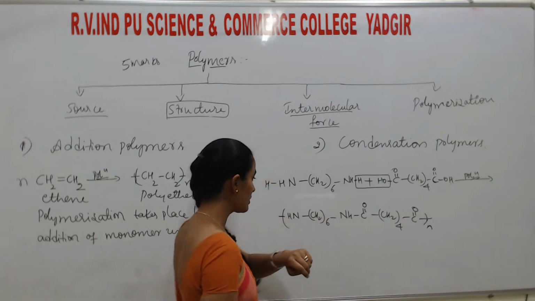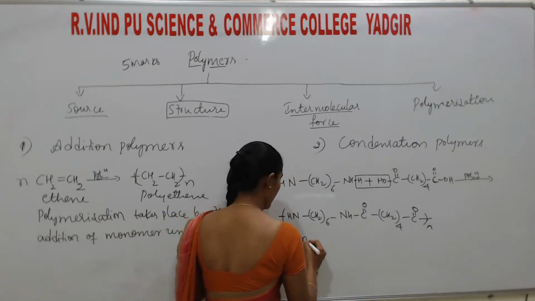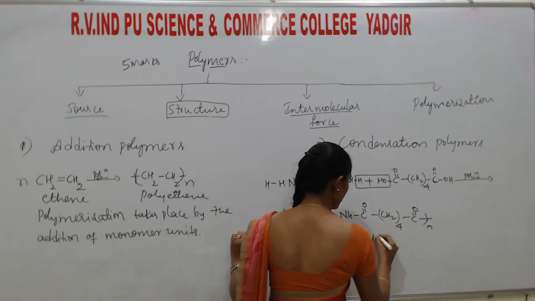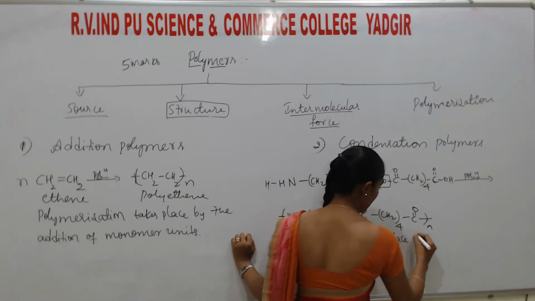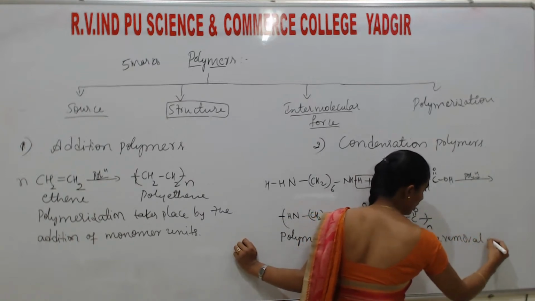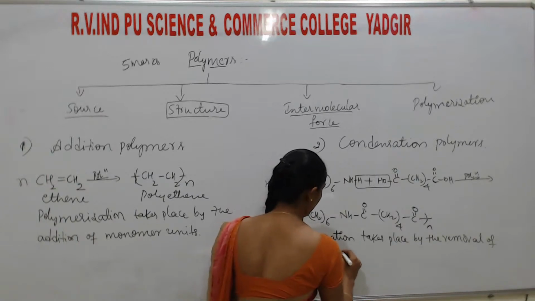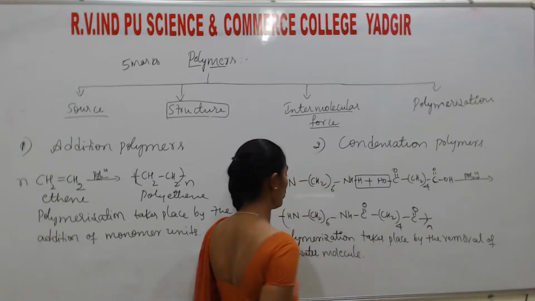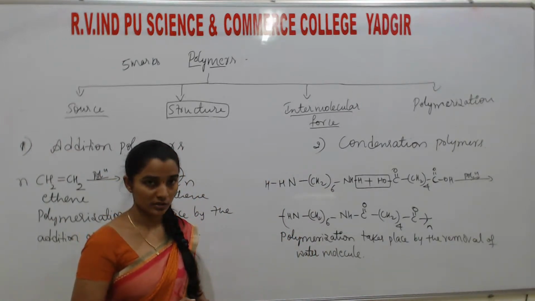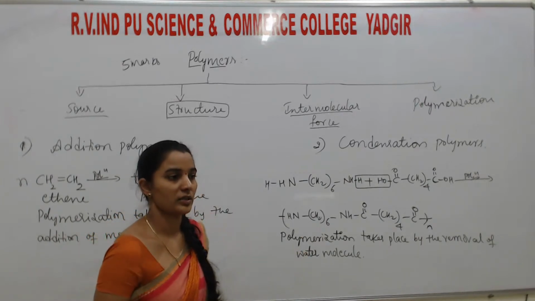What are condensation polymers? Polymerization takes place by the removal of a water molecule. Removal of a water molecule is called condensation polymerization, and such types of polymers are called condensation polymers.